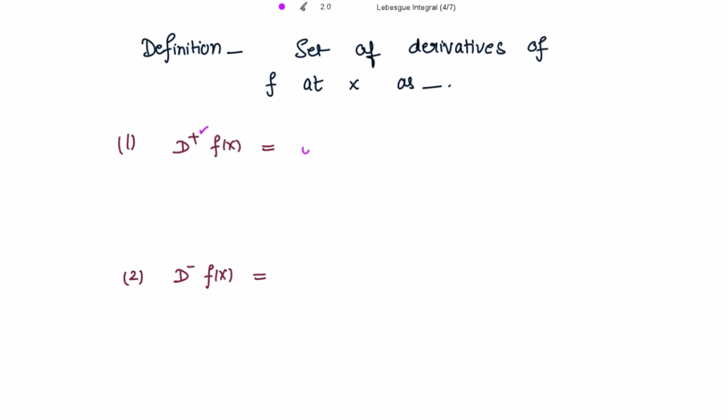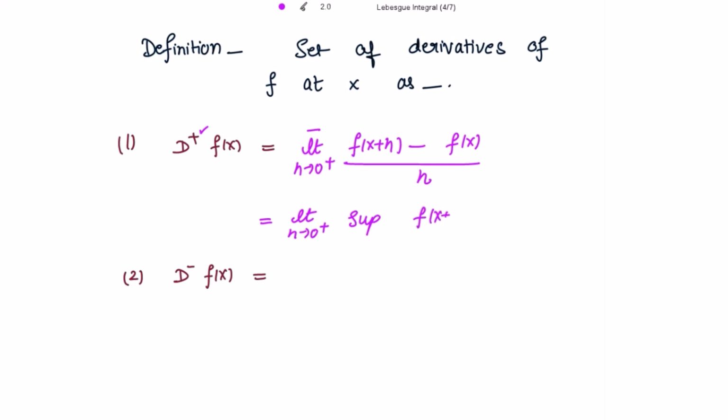So we are taking here the superior limit of (f(x plus h) minus f(x)) divided by h, h tending to 0 from the positive side, which can be further written as limit h tending to 0 positive, taking the supremum of (f(x plus h) minus f(x)) divided by h.